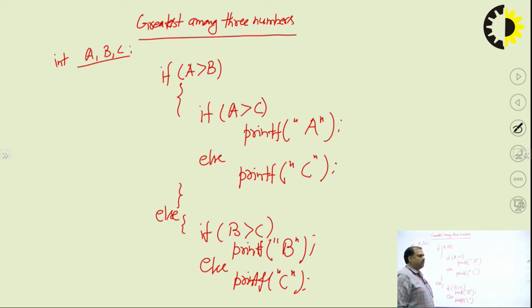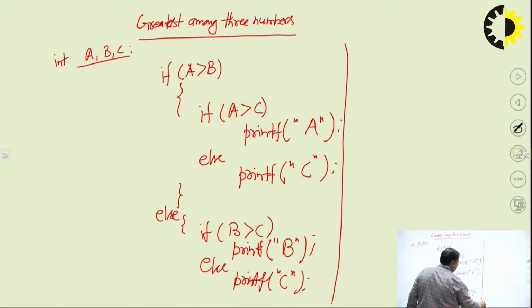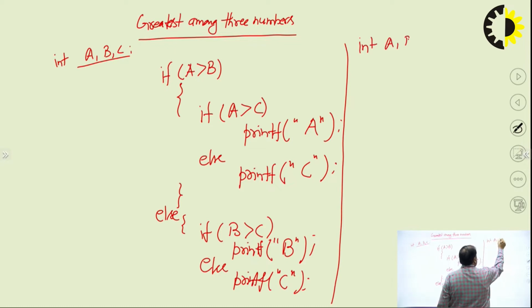Or one other example of performing the same task, what we can do? We can take one more variable. If we take one more variable, then the things may be little easier. Like we are having int A, B, C, and let us take one max also.